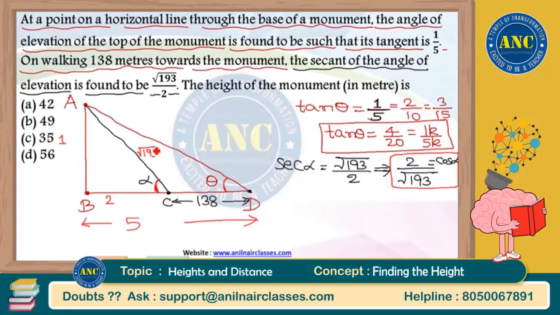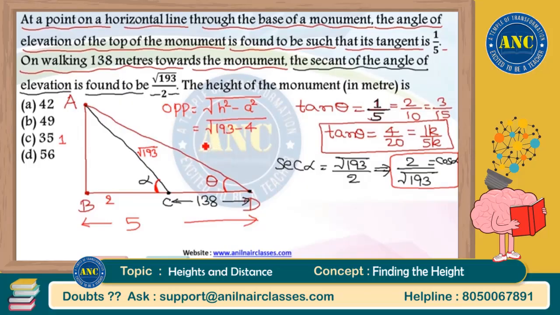I know the adjacent side 2 and the hypotenuse. The opposite side is the square root of hypotenuse square minus adjacent square, so square root of 193 minus adjacent square. Adjacent square is 2 square, which is 4.